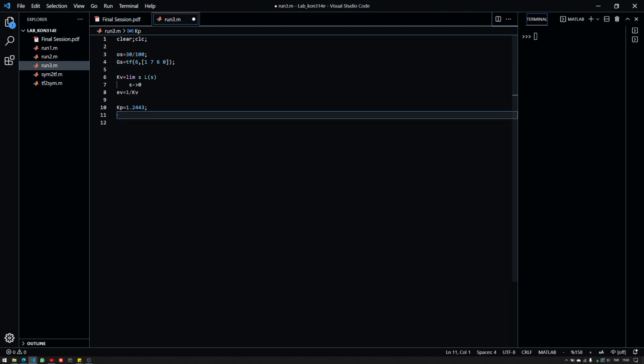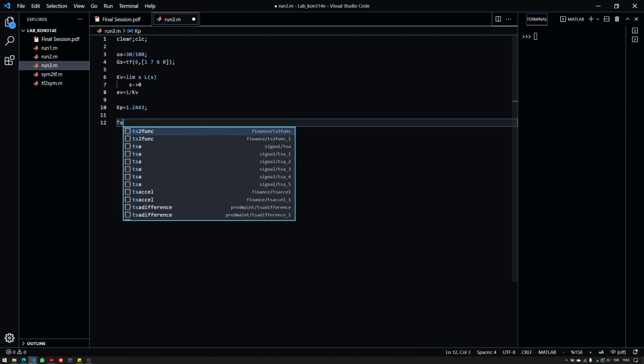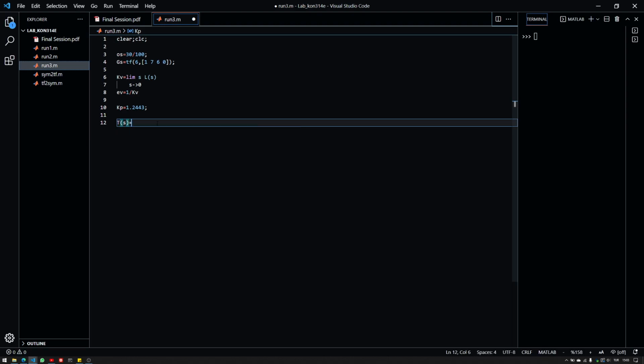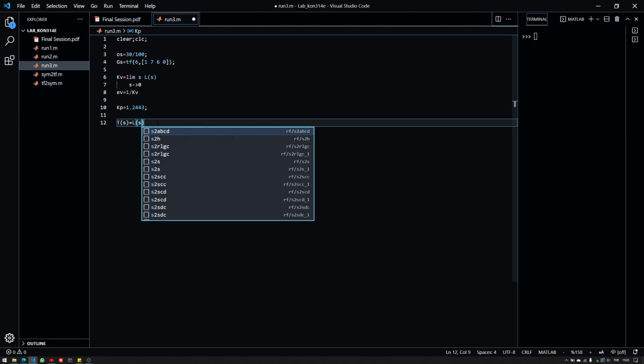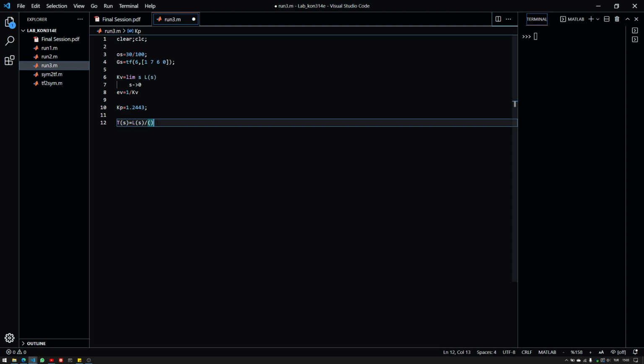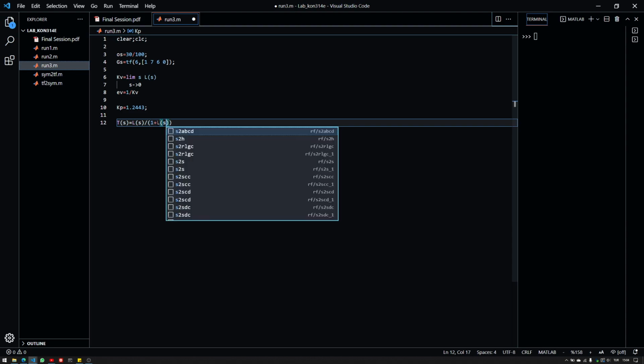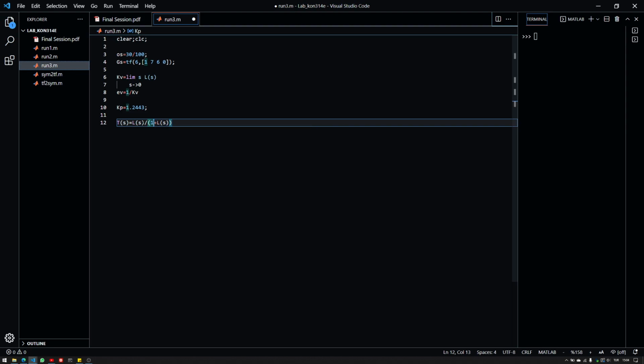Remember that Ls is the loop transfer function, and the closed loop is defined as Ls divided by 1 plus Ls. So from the loop to the closed loop, we use this relation. Therefore, my loop transfer function previously was kp times Gs. So keep that in mind.